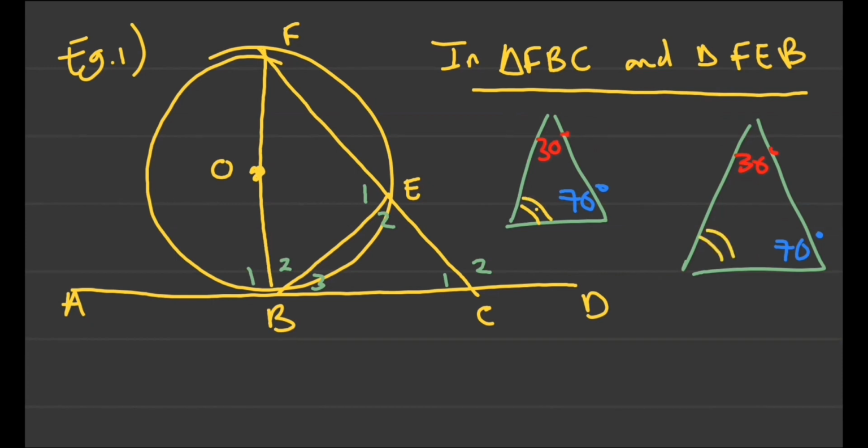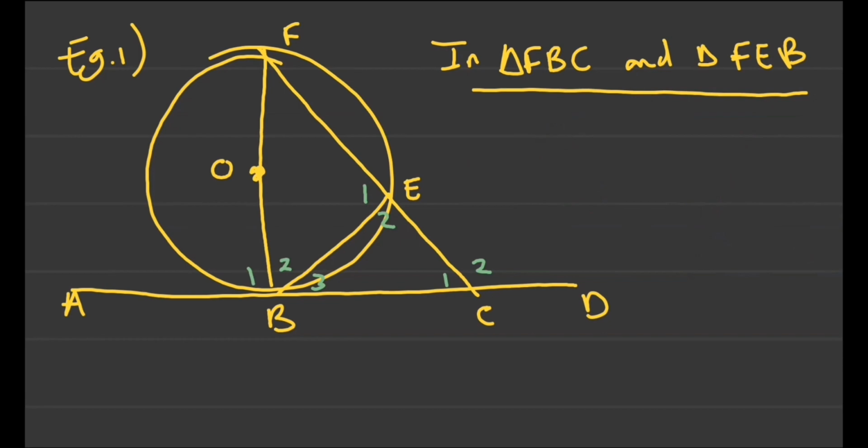The third one, regardless of what it's equal to, will always be equal to the other one, because we've already stated that the other two are equal. Do you guys agree? Yes, sir.